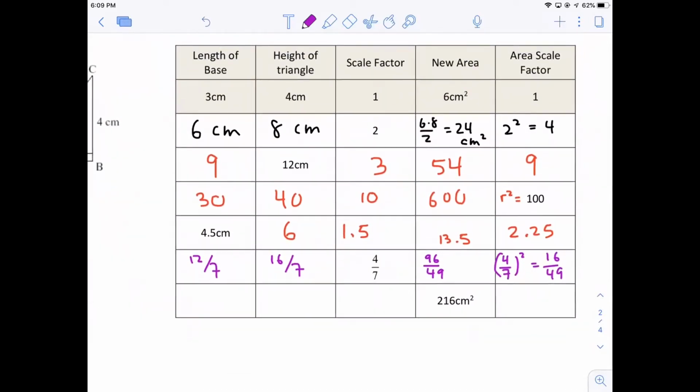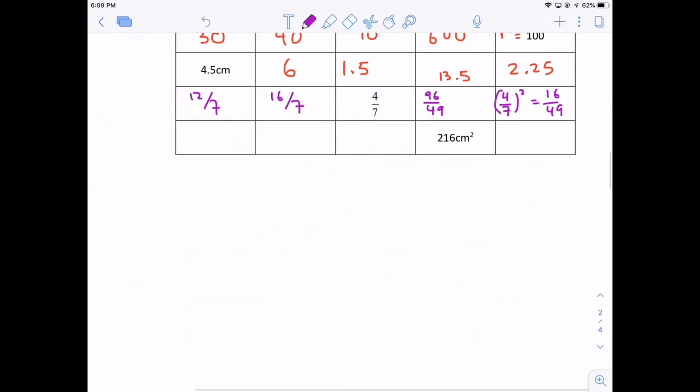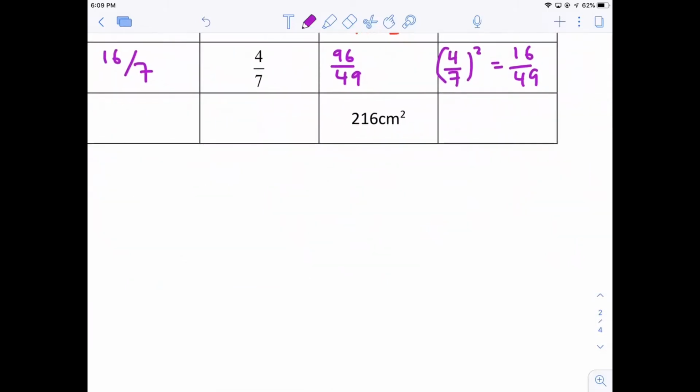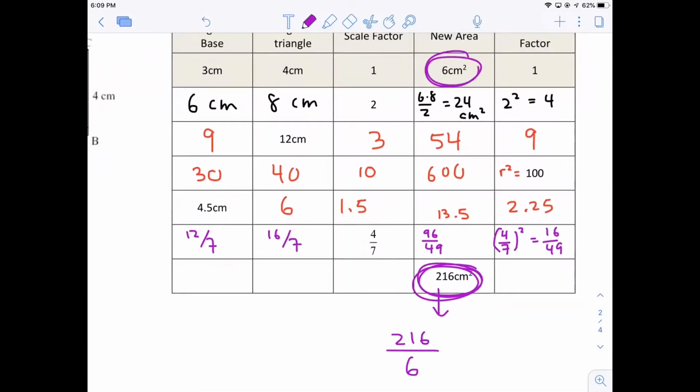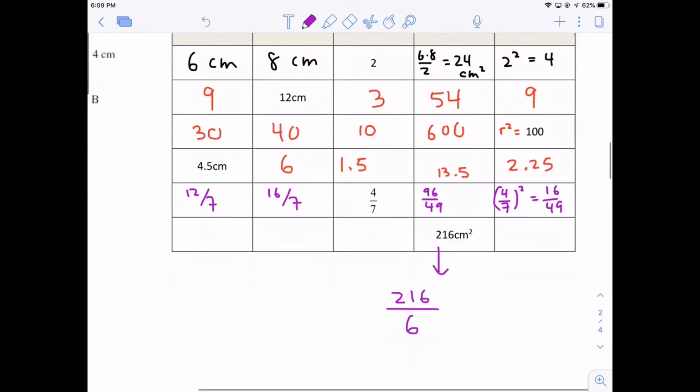And lastly, I have the original area, I have the new area. So what is my scale factor or area scale factor? Well, that's 216 over 6, right? You always take the image value and you divide it by the original value to get a scale factor.